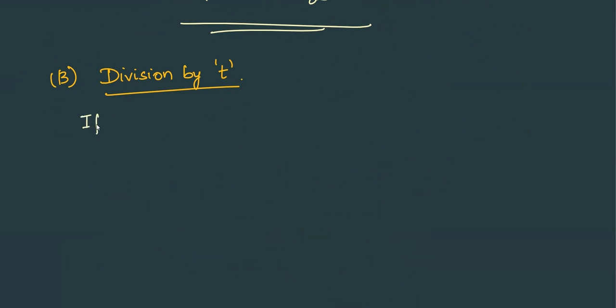Now, if the Laplace transform of f of t is f bar s, then this is interesting. If it's multiplication by t, you have to differentiate. If it's a division by t, then we have to integrate.